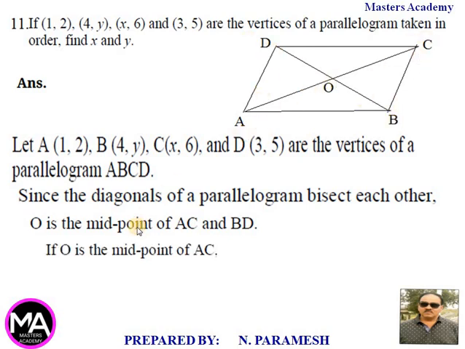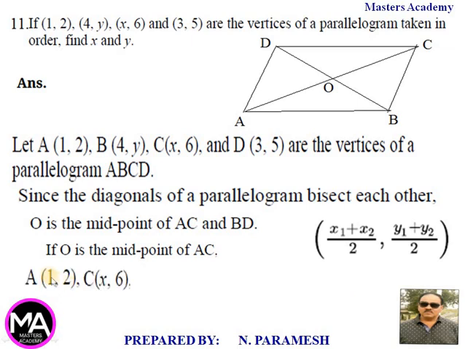If O is the midpoint of AC, using the midpoint formula ((x1 + x2)/2, (y1 + y2)/2), with (x1, y1) = (1, 2) and (x2, y2) = (x, 6). Substituting the values, ((1 + x)/2, (2 + 6)/2) = ((x + 1)/2, 4).